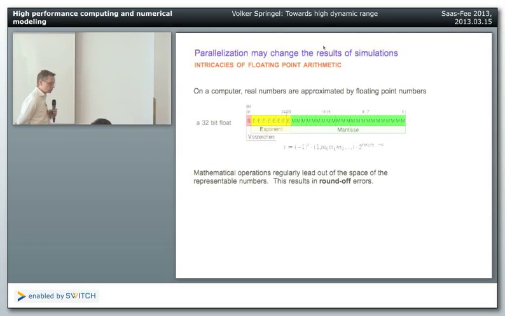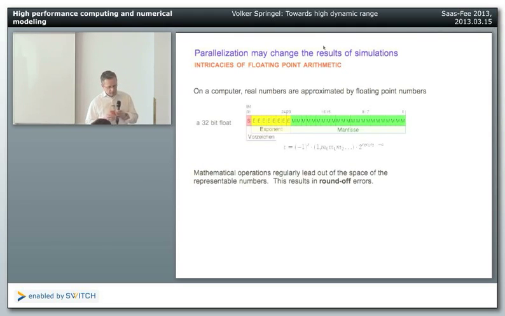Of course, on computers we represent floating point numbers in some limited format. For example, a single precision number has this 32-bit representation with an 8-bit exponent, and then a mantissa of 23 bits, and then a sign bit here.